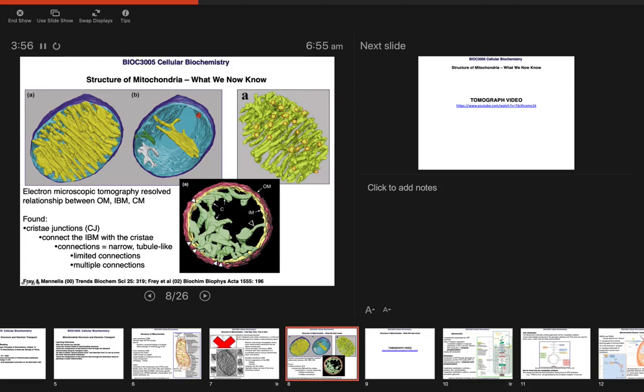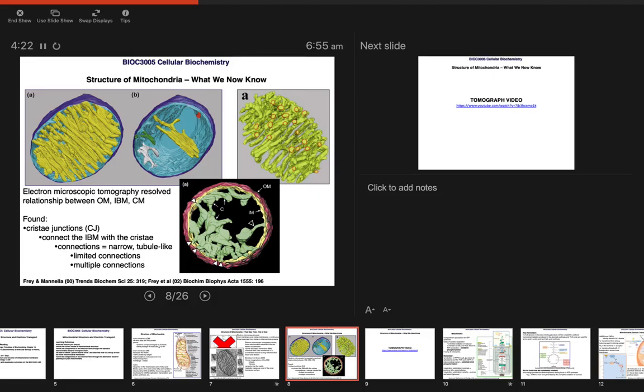They're narrow tube-like connections with the inner boundary membrane. Notice again in panel B on the top left, and also on the lower right-hand side, figure A, that those cristae junctions can be multiple, or there might just be one.